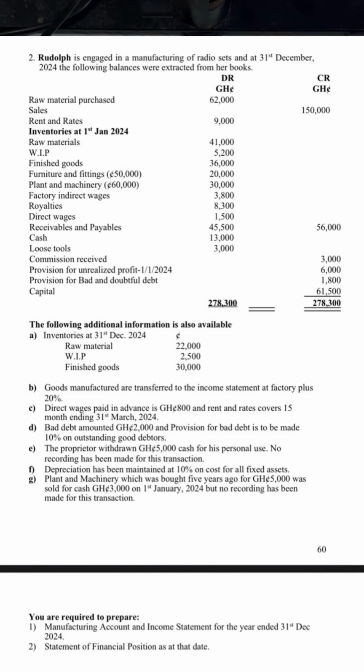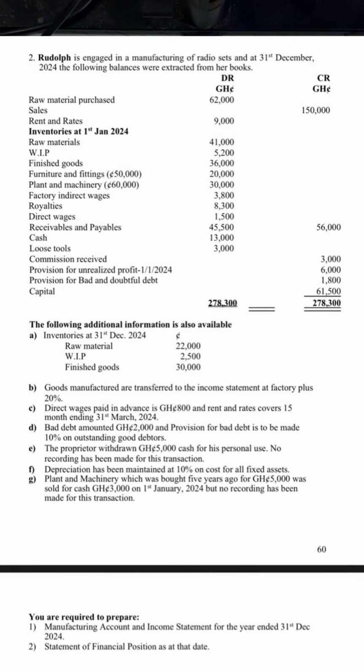So, although it must be earned, when you go to your statement of financial position, that profit element on the unsold finished goods must be computed and taken out from the closing finished goods. Okay, so if you look at this question, since there's a closing finished goods, we will have to compute the provision for unrealized profit. The initial one they gave was 6,000.